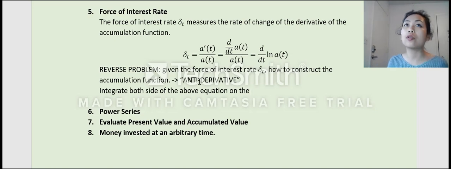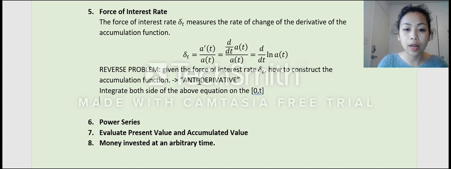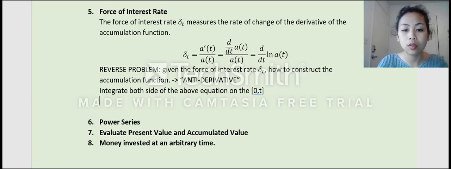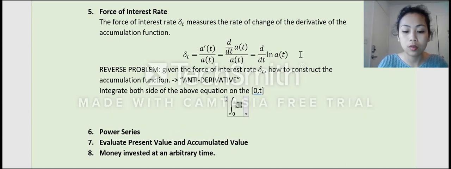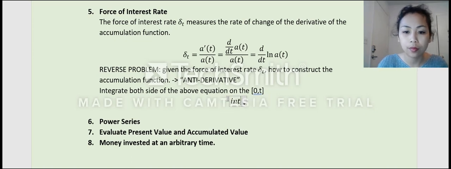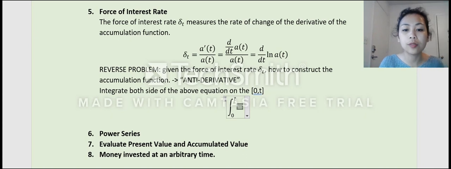And because we consider the interval from 0 to t, what we have here is the integral from 0 to t.